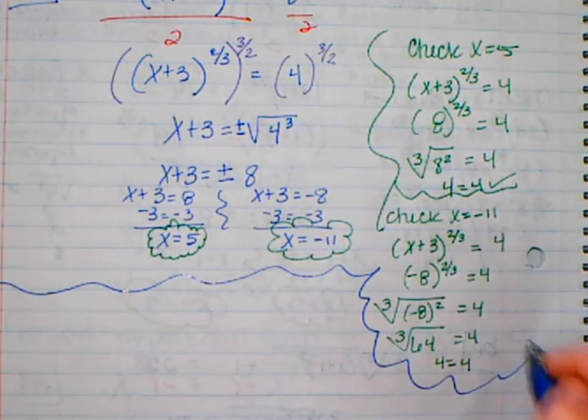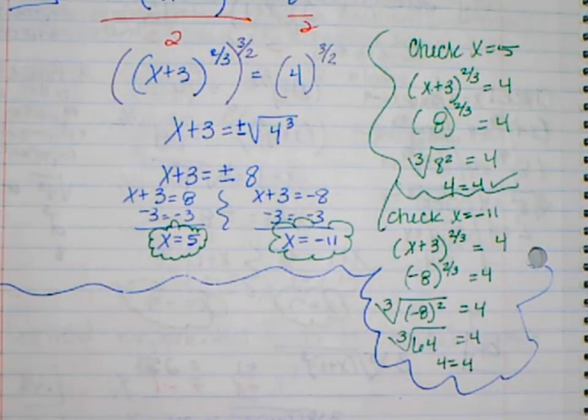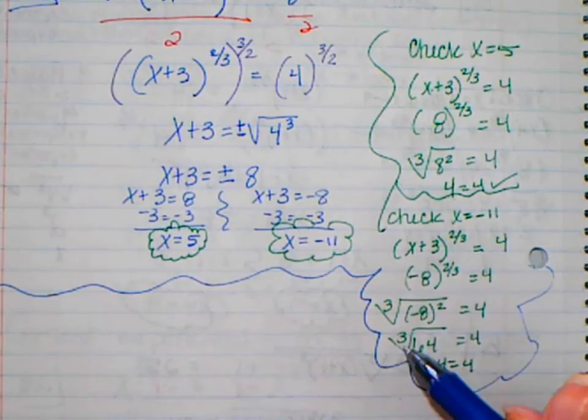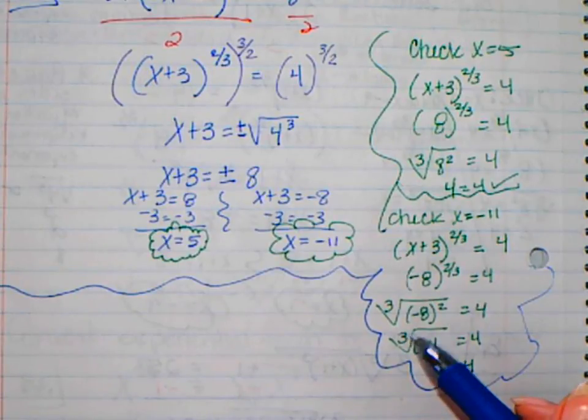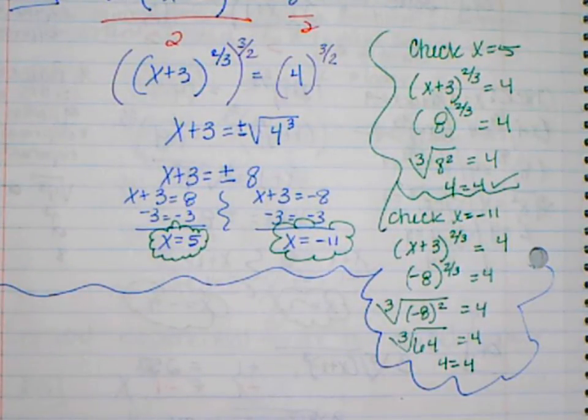One more, and then I'll let you practice. Do you still do positive or negative if it's the cube root? Nope. If your root or your index is odd, you don't do positive, negative, because it's not possible. If it's even, like the square root of 4, 2 times 2 is 4, negative 2 times negative 2 is 4, okay?